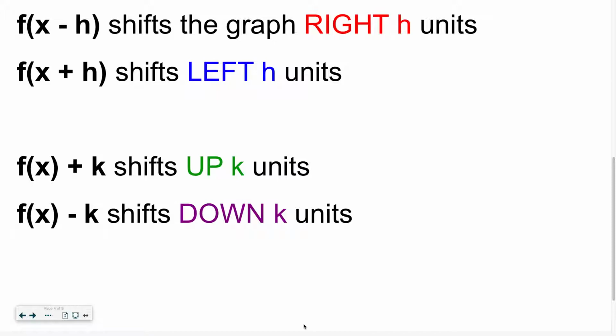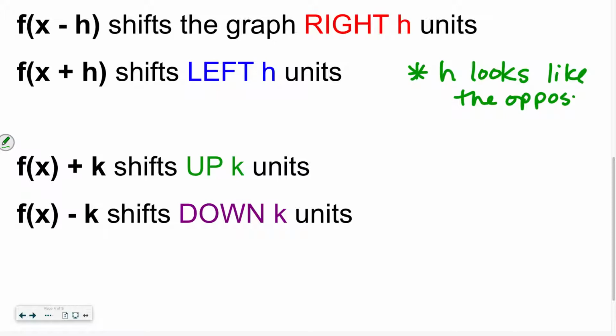Okay, so one other thing that I always kind of stress, and you'll hear me say this a lot, is to make sure you get the right transformation. H looks like the opposite of what you think it would be, right?